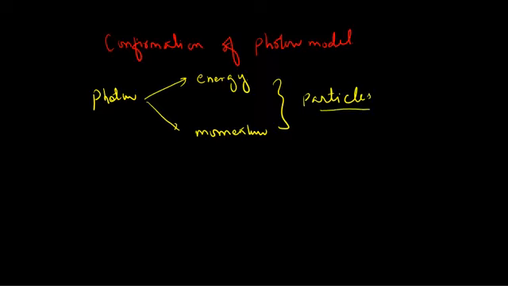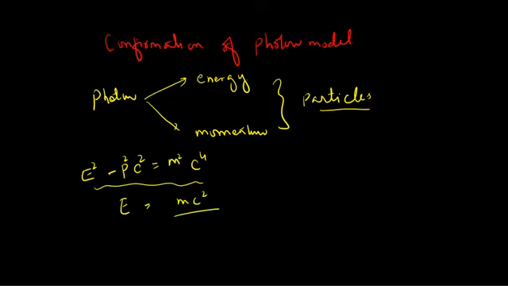Okay, so we know that there are some equations, like E square minus P square C square equals M square C square. You are familiar with this type of equation. And then energy, also a very familiar equation, E equals mc square over square root of 1 minus v square over c square.